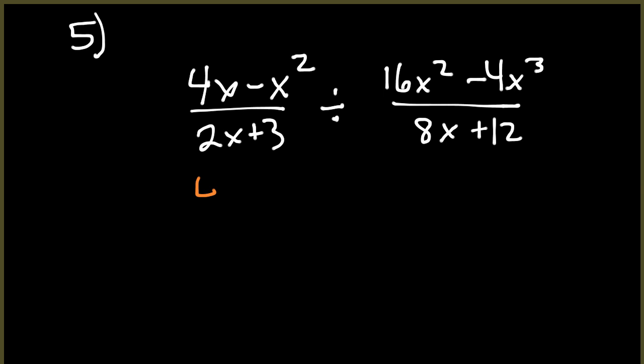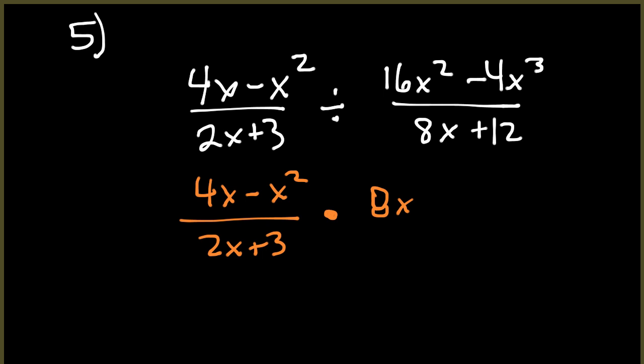Remember, I multiply by the reciprocal, so the first fraction stays the same: 4x minus x squared all over 2x plus 3, multiplied by 8x plus 12 all over 16x squared minus 4x to the third.